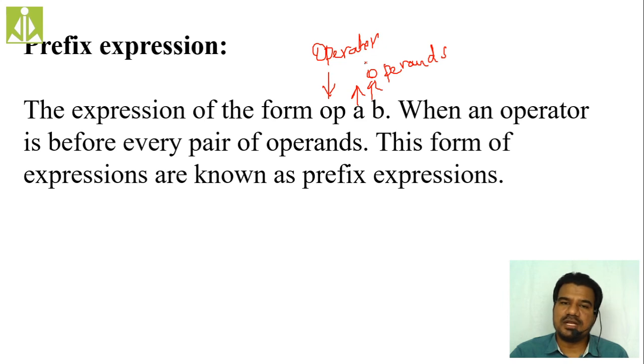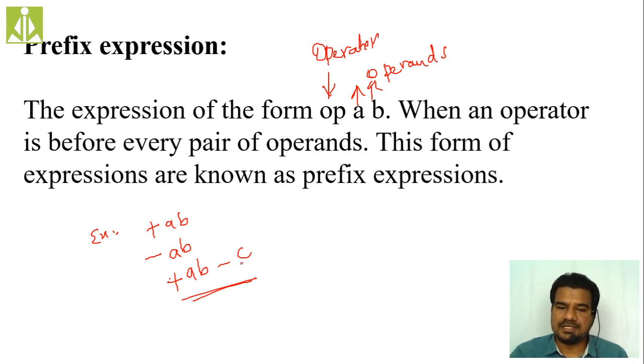When the operator comes before every pair of operands, we call it prefix expression notation. Examples: plus AB, minus AB, plus AB minus C, like this. This form we call prefix notation of the expression.